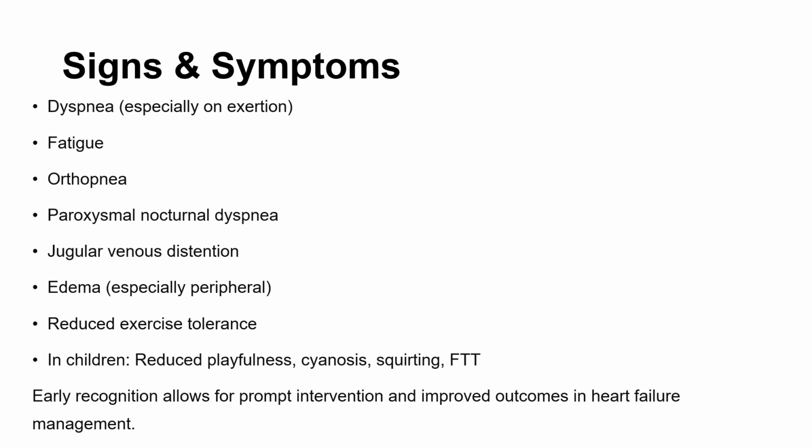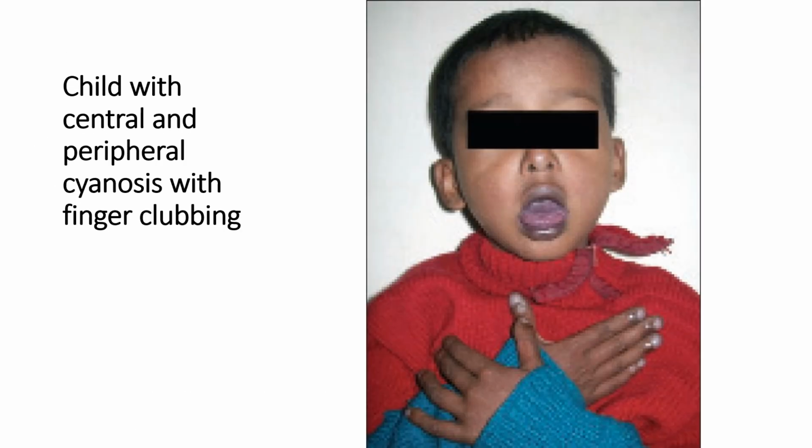So early recognition of these symptoms is very important to improve the prognosis, make the prognosis positive. This is a child with central and peripheral cyanosis. You can see the finger clubbing, the shiny parts of the fingers, also the bluish discoloration of the nails, the tongue appearing blue.